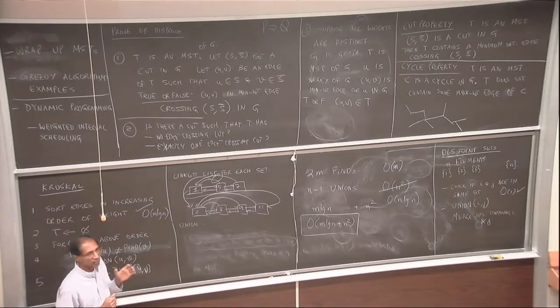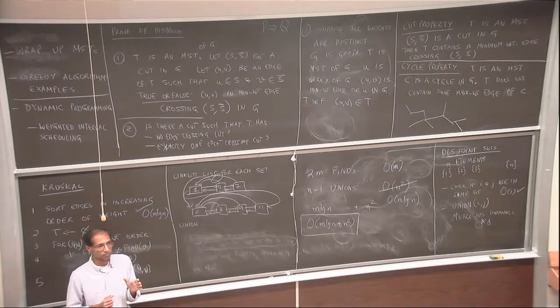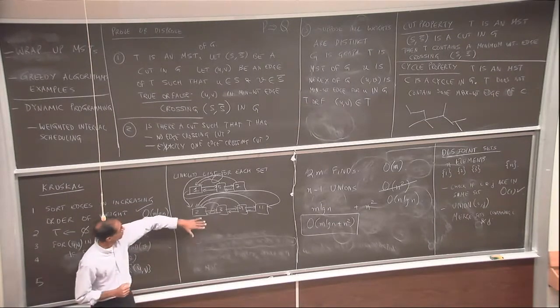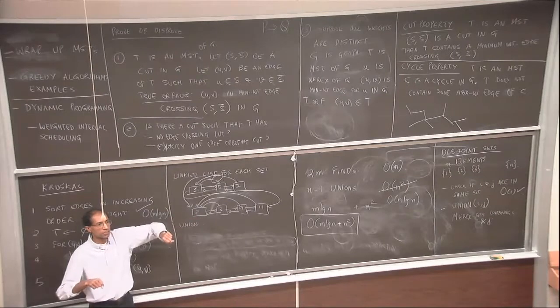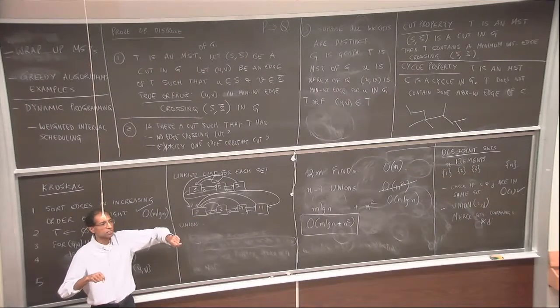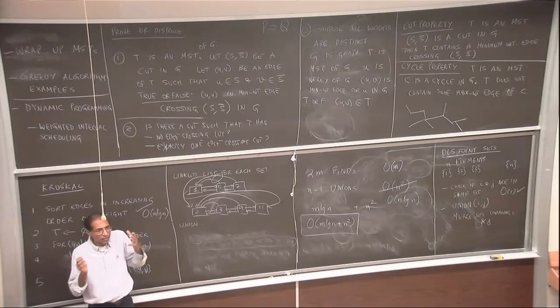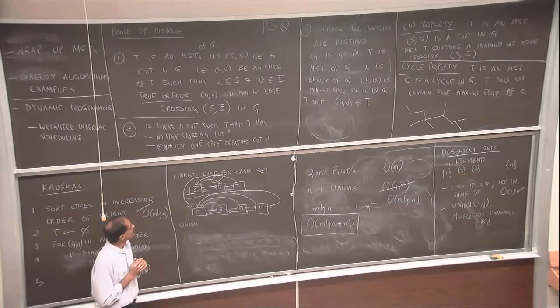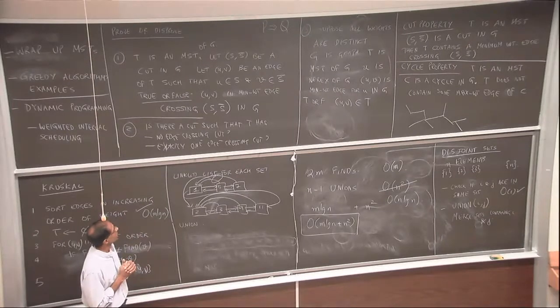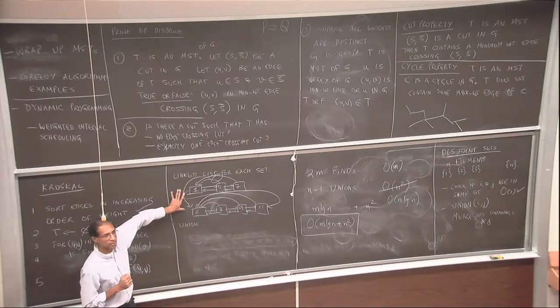What is the work that we are doing in the unions? There's only one kind of work that we are doing. When we are doing two unions, what is the work that we are doing? Changing pointers. So rather than trying to look at how many unions, how many pointers, let's just take a look at these pointers that we are changing overall. How many pointers are we changing when we are merging these two? 3.